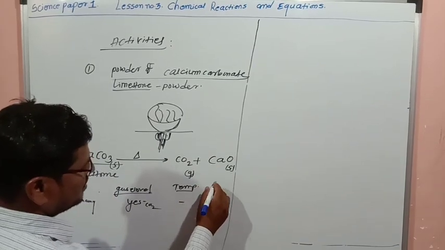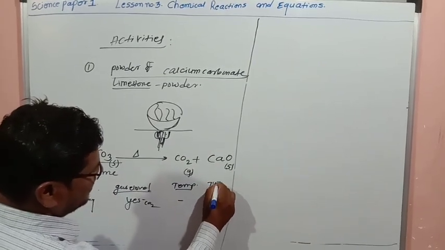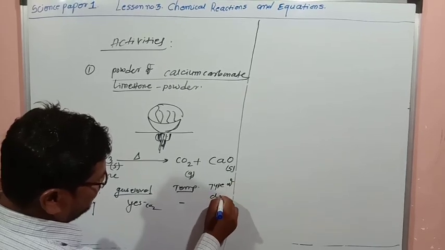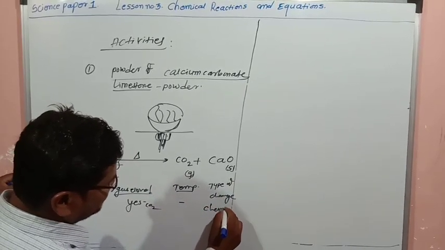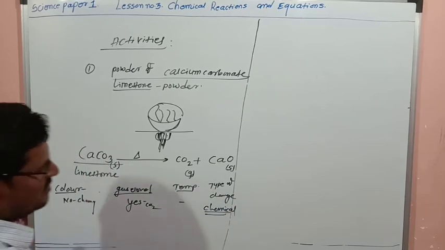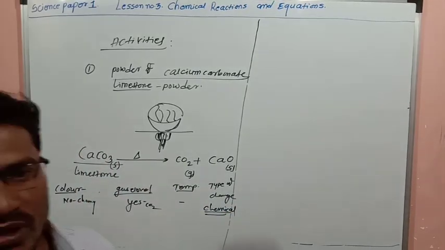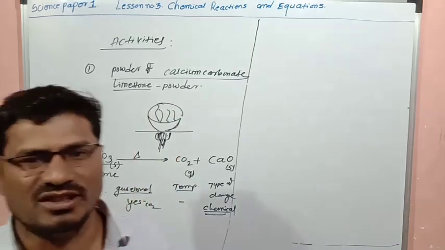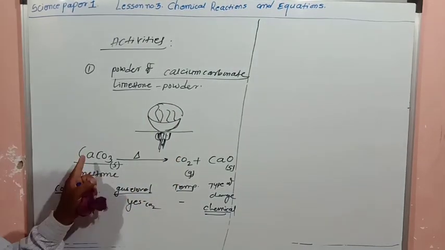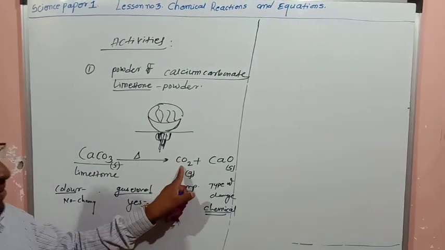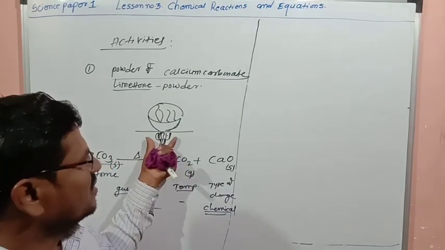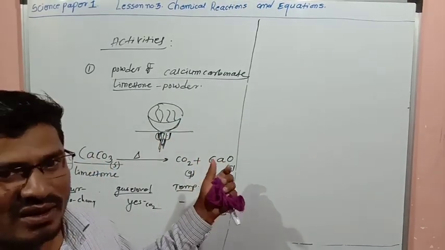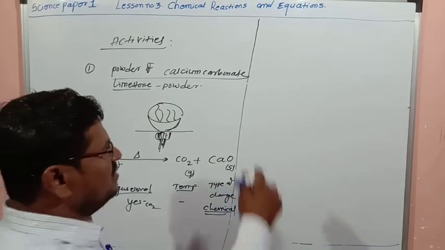And the last one, type of change: it is a chemical change. Why is it a chemical change? Because new substances are formed. So CaCO3 on heating gets converted into CO2 plus CaO, and this is a chemical reaction, a chemical change.